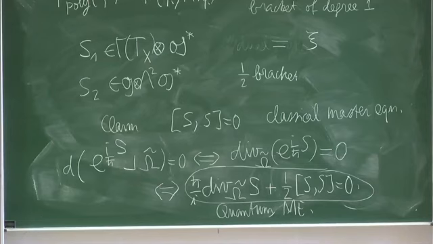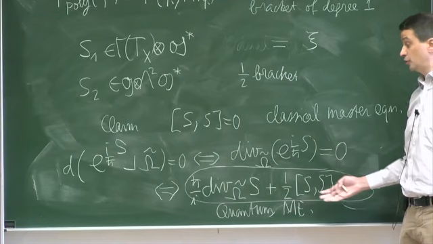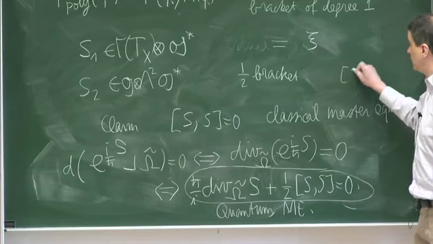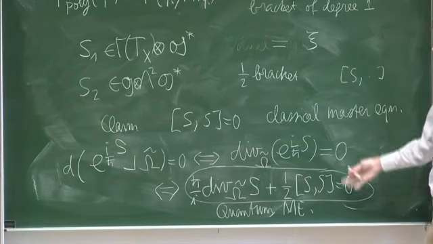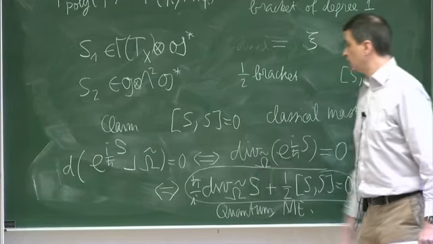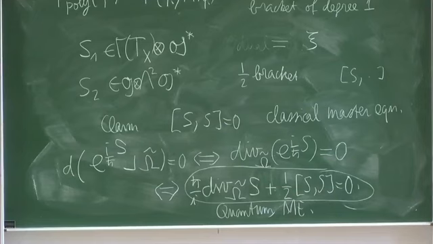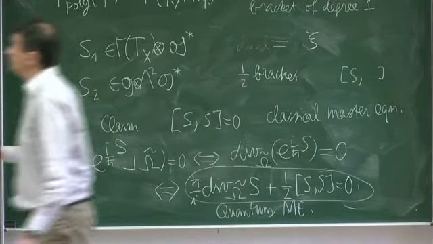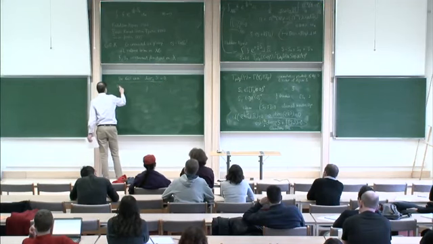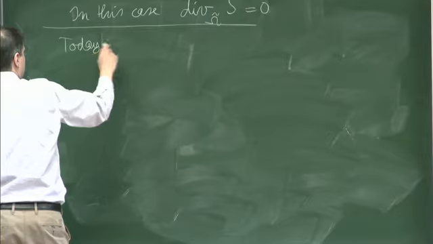And for that there are some obstructions which are in the cohomology of the classical master equation. So the classical master equation and the cohomology of the bracket with S are the ingredients which then help you to find solutions of the quantum master equation. So today I will talk about the classical one.